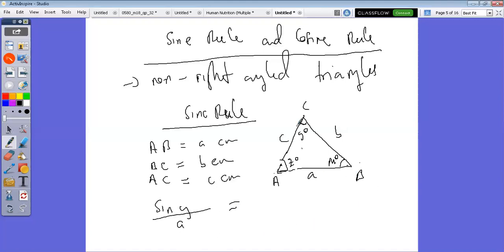It will make sense just now, maybe not because we are not using numbers. It is equal to this pair over this pair. So I can now say sine M over C is equal to the other pair, sine Z over B. Are we together?